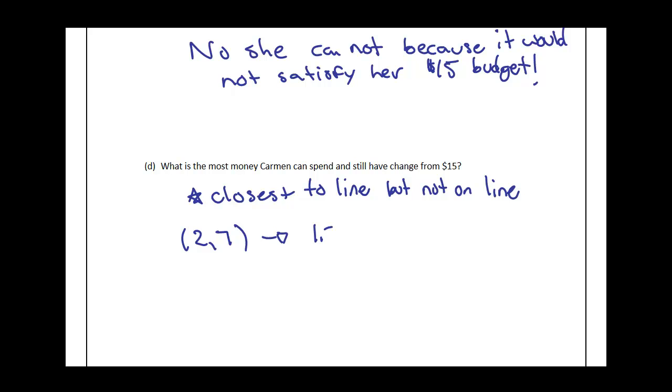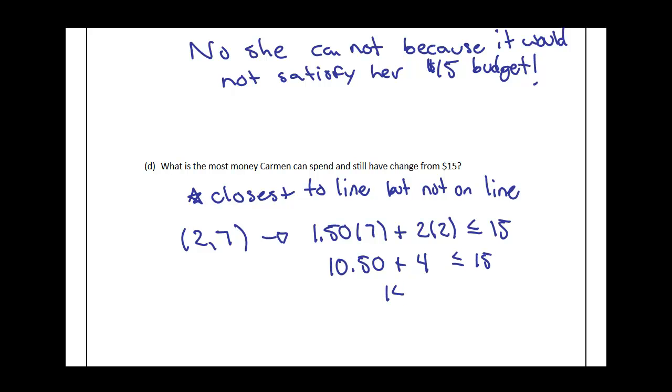When I plugged those points into the inequality, I got an amount of $10.50 plus $4, which is $14.50, leaving me with a change of 50 cents. So that is probably the most I can spend while still having change. And there we go. That is a couple examples of solving linear inequalities using our graphs.